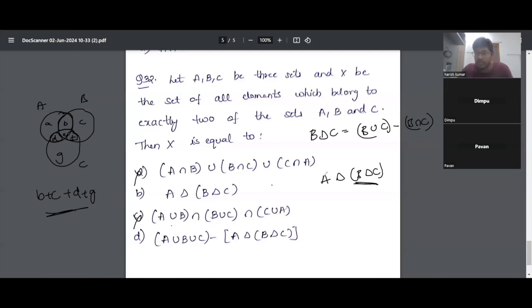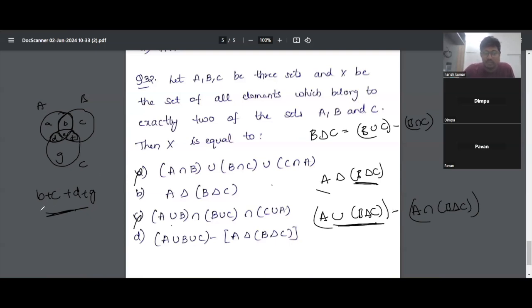Now A delta B delta C. How do I visualize this? With A, this will become A union B delta C minus A intersection B delta C. So what is the union of A and B delta C?